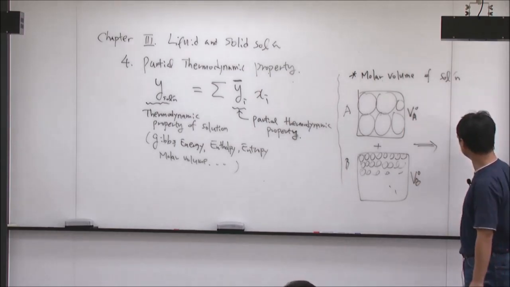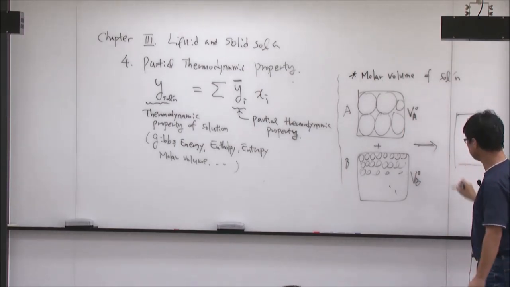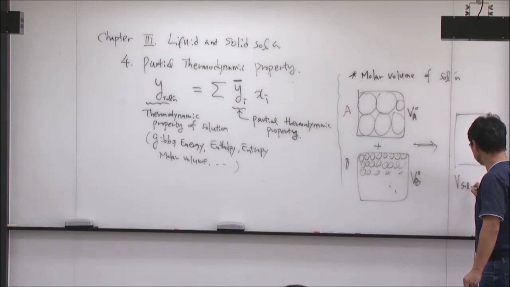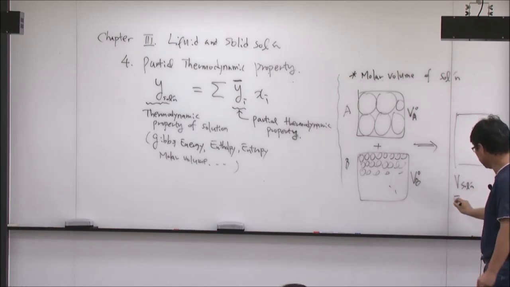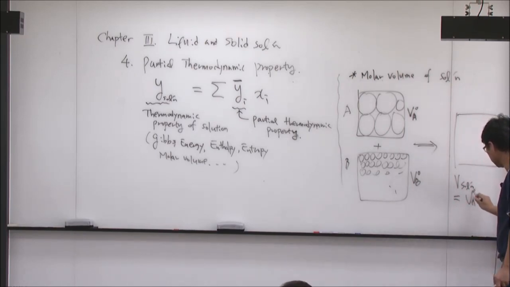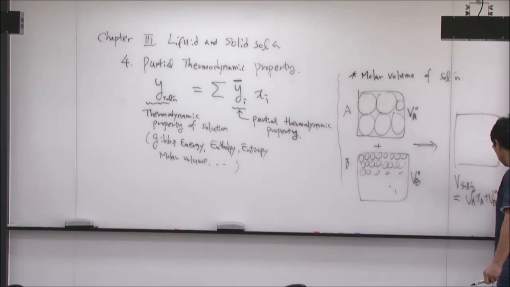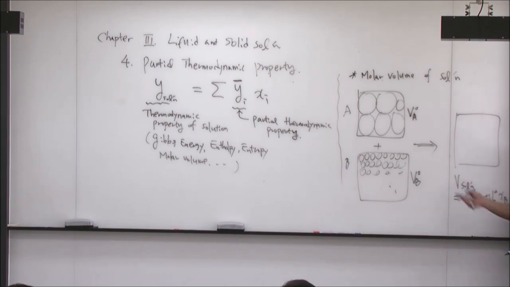If you make a solution, is the V of solution going to be the same as VA naught times the mole fraction of A, plus VB naught times the mole fraction of B, or not? If this is the same, it means kind of an ideal solution. But most of the time, if the size of the ball is completely different, then this cannot hold.